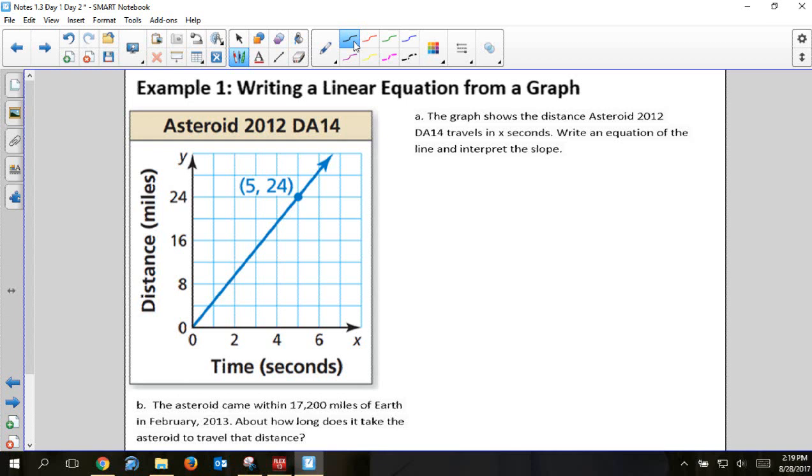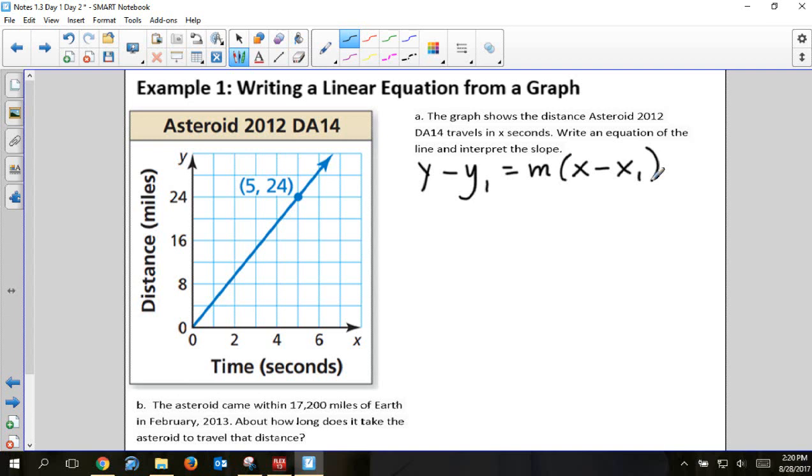So we're going to write the equation of the line, and then we're going to interpret the slope. So to write the equation of the line, we're going to use point slope form, which is on your other page, so I'm just going to write it up here so we know what it is. It is y minus y1 equals m parentheses x minus x1. And it's called point slope form because you need a point and the slope.